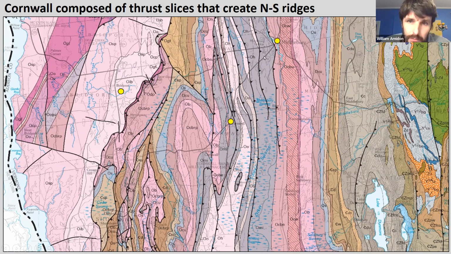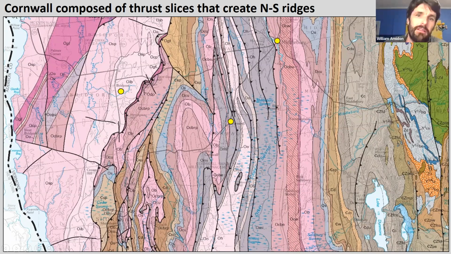So it's quite complicated, but if we look here, this is Middlebury at this yellow dot here. It's Cornwall Center at this yellow dot. This is Bridport. Actually, that dot's a little off, but Bridport over here. Just for your reference, here's Highway 125 coming across here. Here is 74 coming down through here.